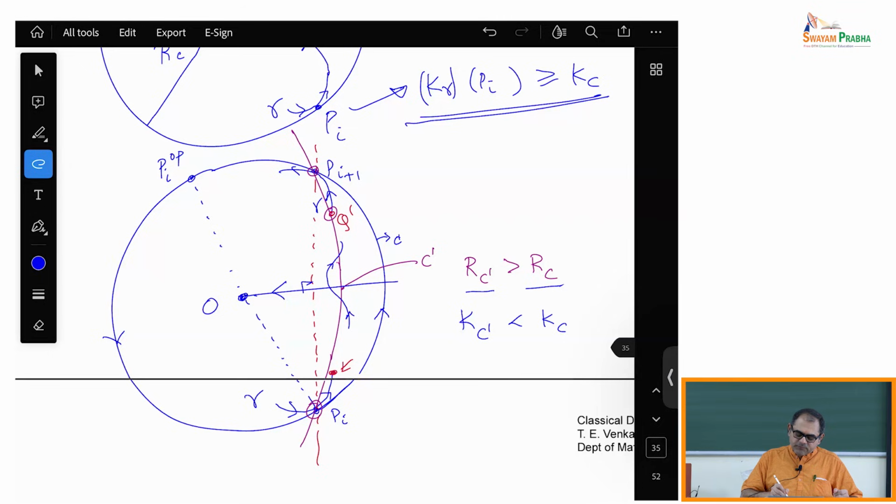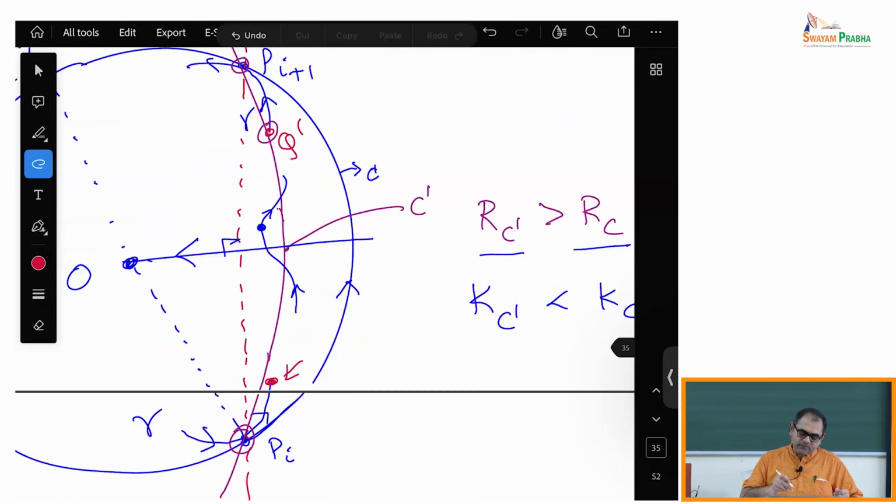Then there is this point here, which is the farthest point that you will get, where C prime will hit gamma, if you translate C prime along this perpendicular to this chord, towards the center. So finally, after you translate it to get such an extremal point, it will look like this.